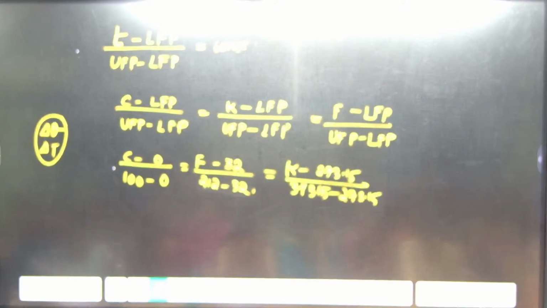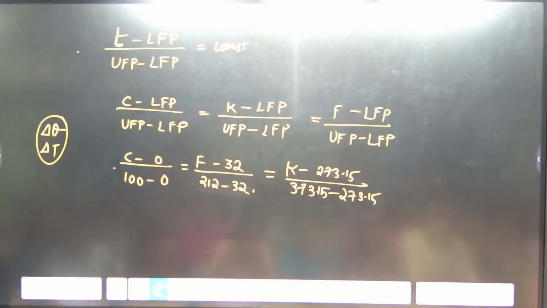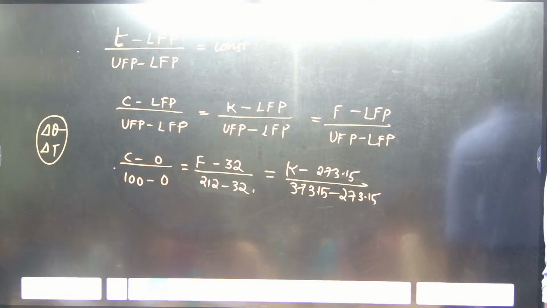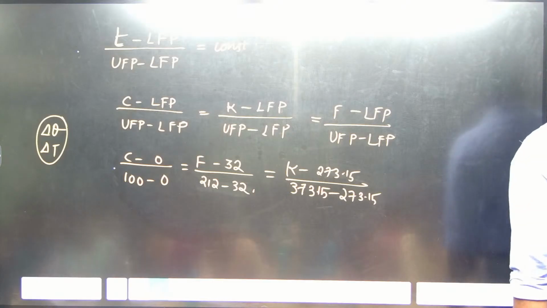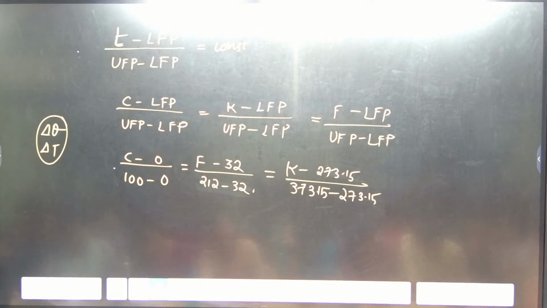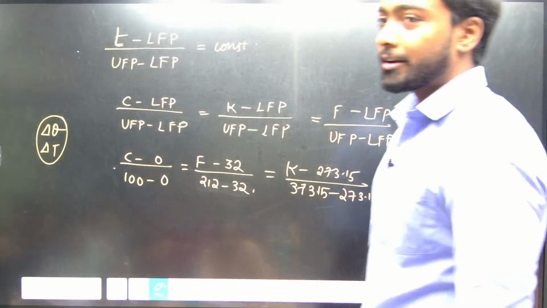Write down the question. Oxygen boils at minus 183 degrees Celsius. Then find the same in Fahrenheit.